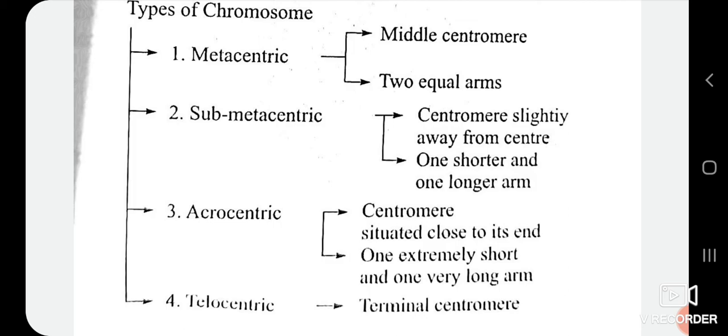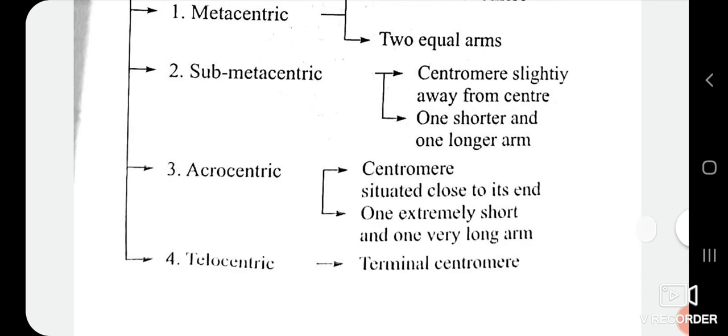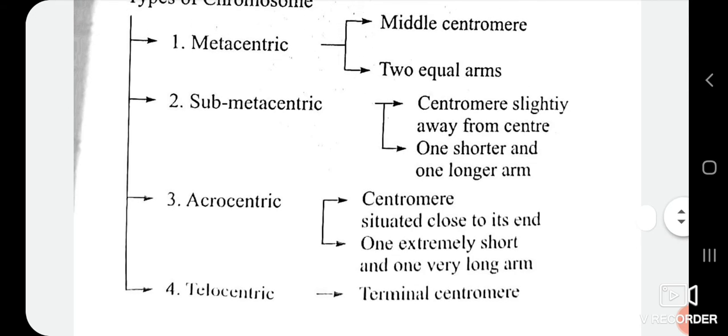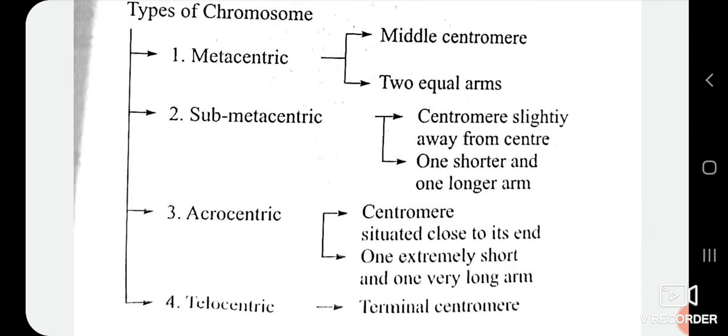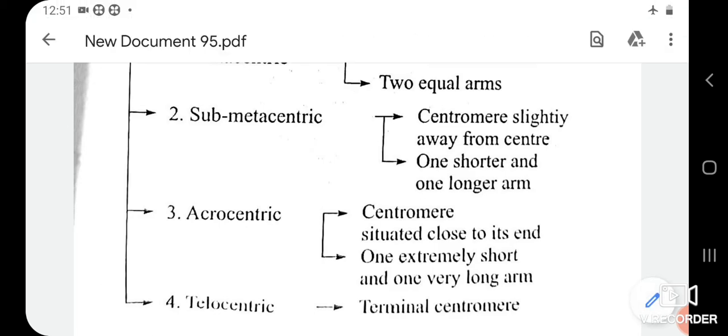And the fourth type is telocentric chromosome, where you can observe the centromere at the terminal position at the tip. So here you cannot observe one long and one short arm. If you make the chart of types of chromosome, then you can easily understand which chromosome has which position of the centromere, according to which they have longer and shorter arms. So this chart is very important.